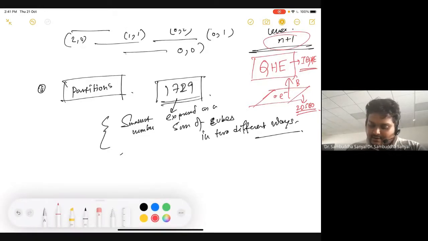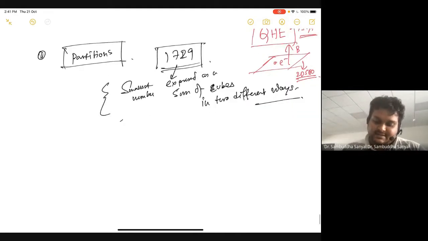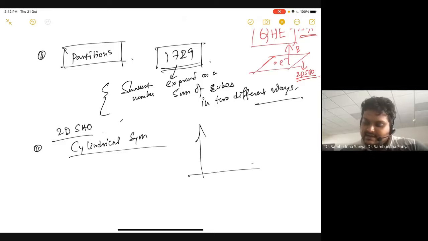Now let's move on to discuss this problem in a slightly different way. We know this already from our studies in classical mechanics, that if a problem has a particular symmetry, then it makes sense to move to a coordinate system or set of variables where this symmetry is manifested. So this problem has a cylindrical symmetry.